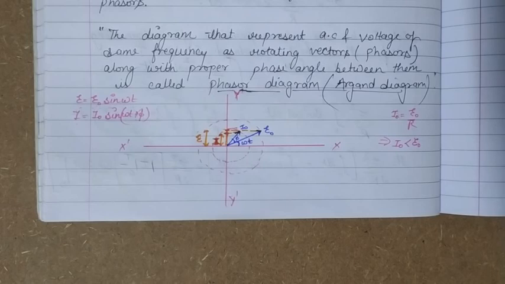That's why we are studying phasors and phasor diagrams, because in practical use we need to know whether the current is leading or lagging behind the EMF, and for that representation we need phasors and phasor diagrams to show the system of current and EMF.